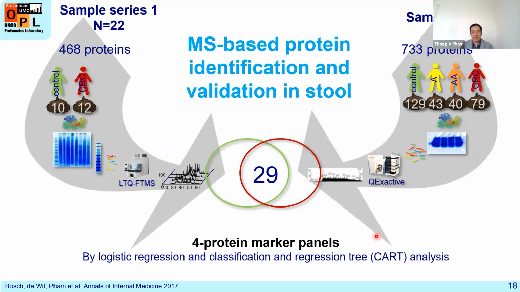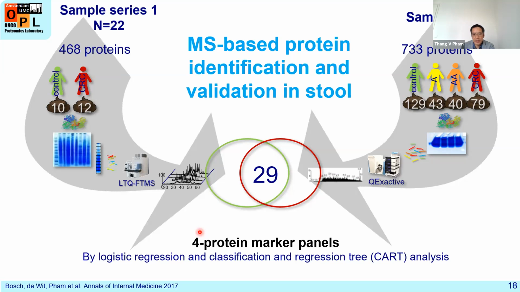Now you can start seeing a little bit of machine learning techniques. Here we actually use quite standard methods. We have two series of samples, a smaller one of 22 samples and a bigger one of almost 300 samples. With statistical analysis, we narrowed down to 29 markers, and using logistic regression and CART analysis, we came up with 4 protein marker panels that performed really well.